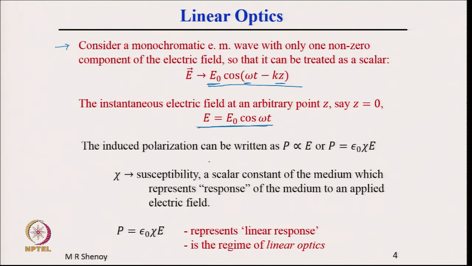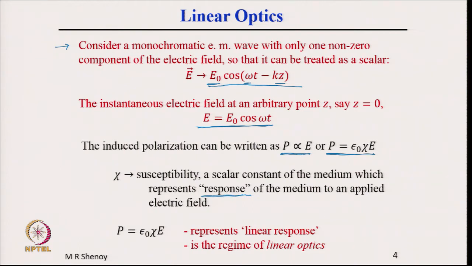Now, the induced polarization can be written as P proportional to E. I have deliberately dropped the vector sign there, because I am considering a scalar component, or P is equal to epsilon 0 chi times E. So, epsilon 0 chi represents the proportionality constant, chi is the electric susceptibility, which is a scalar constant of the medium and which represents the response of the medium to an applied electric field.